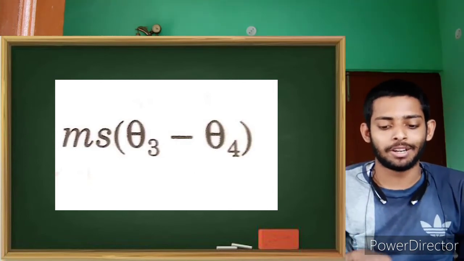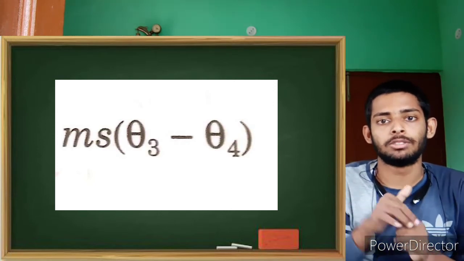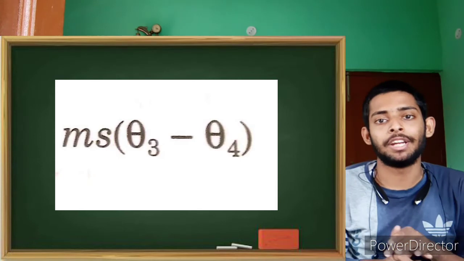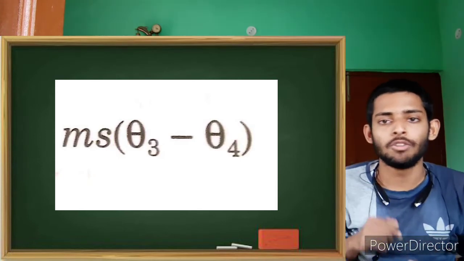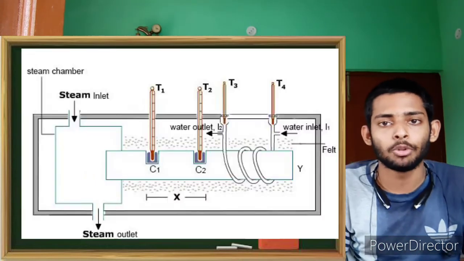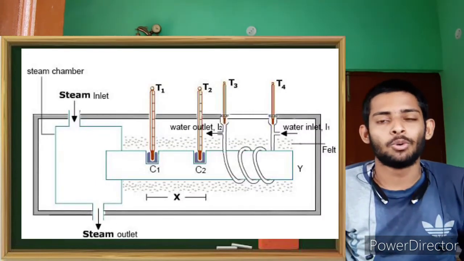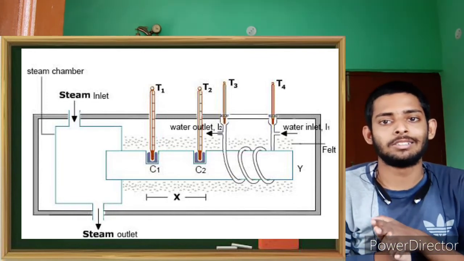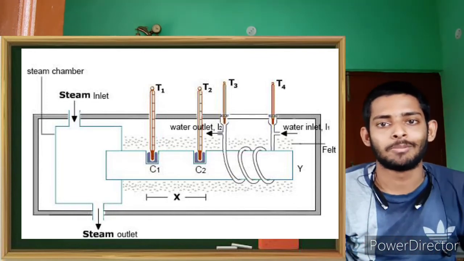In this experiment we will use the specific heat of water, because we are using water inside the copper tube. Now we come to the calculation part. Here we will use the concept of energy conservation.